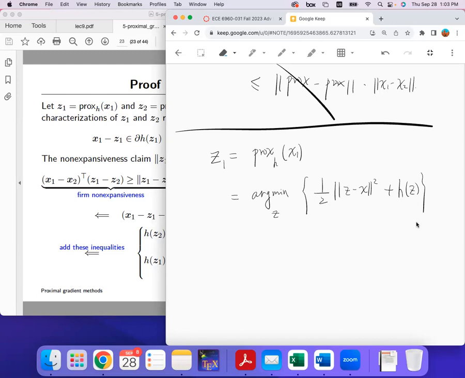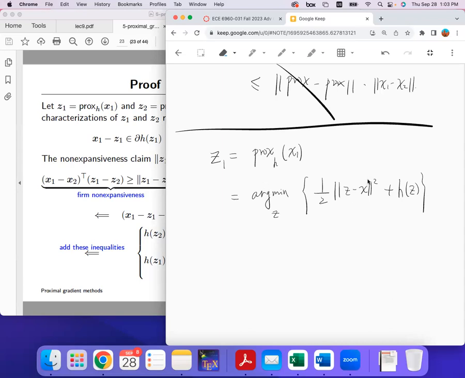And because it's the minimizer of a convex function, we know that it satisfies the first order optimality condition. Basically, the gradient at the optimizer is zero. Right?